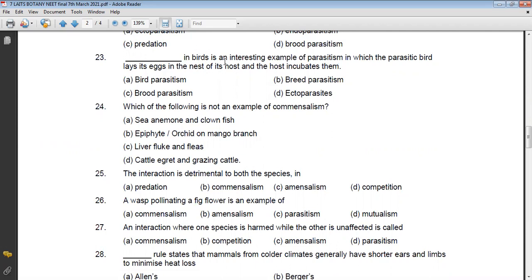Dash in birds is an interesting example of parasitism in which the parasitic bird lays its egg in the nest of its host and the host incubates them. The popular example is quail and crow. So it is called brood parasitism, where quail lays eggs in the nest of crow.